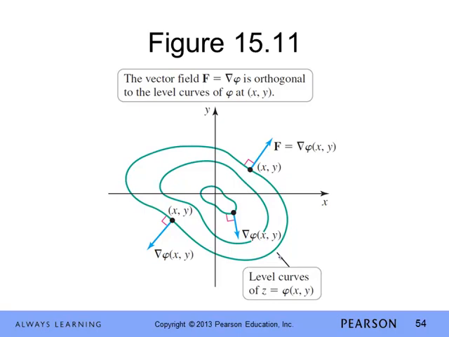So if this were temperature, for example, would the gradient vector be pointing toward the direction of maximum increase or the maximum decrease? Did you guys talk about that with Dr. Wu? If this were, say, a contour map, would the gradient be pointing downhill or uphill? Uphill. Uphill, exactly. The direction of steepest ascent.